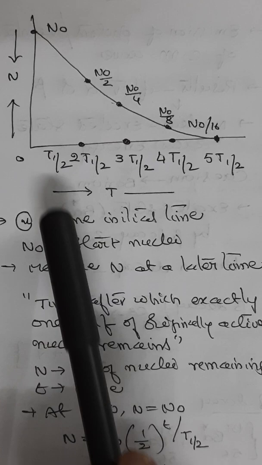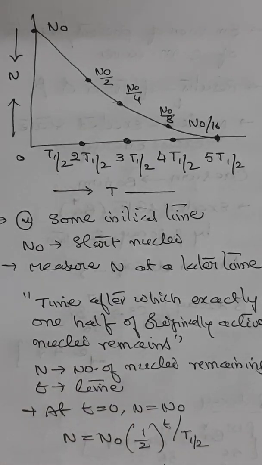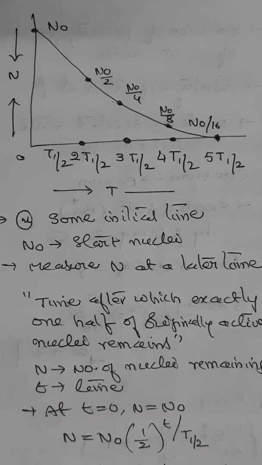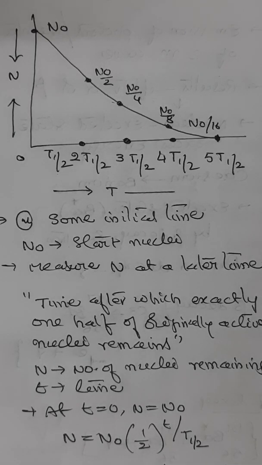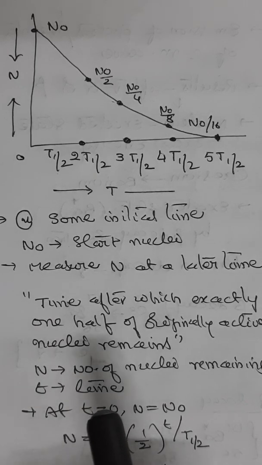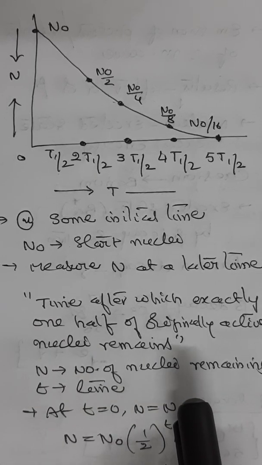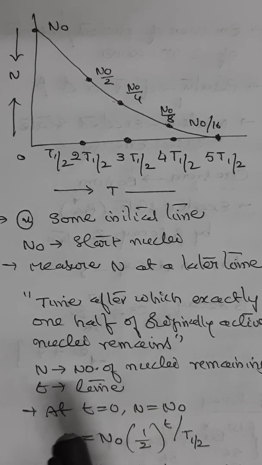Half-life, which is represented as T half of a substance, can therefore be defined as the time after which exactly 1/2 of the originally active nuclei remains. That means, in terms of this, the number of nuclei, what we call N here, remaining at time t, gives what?